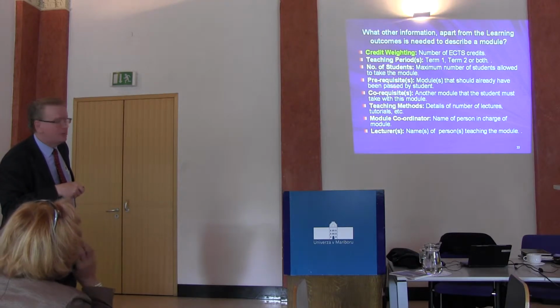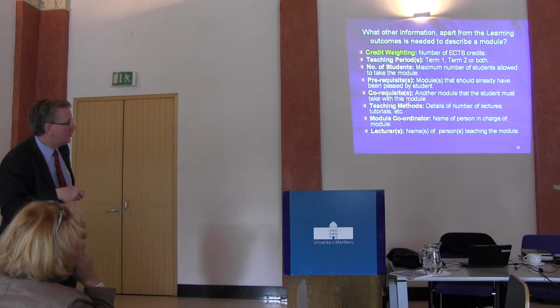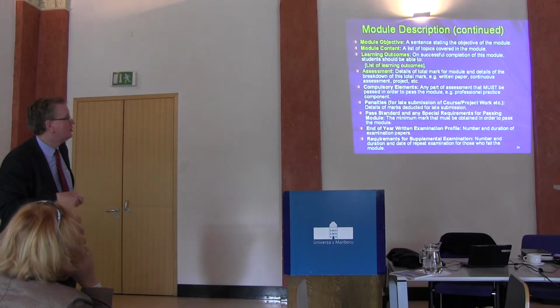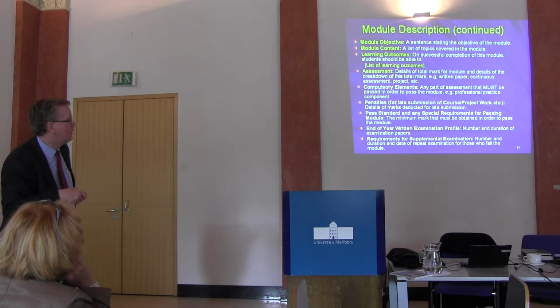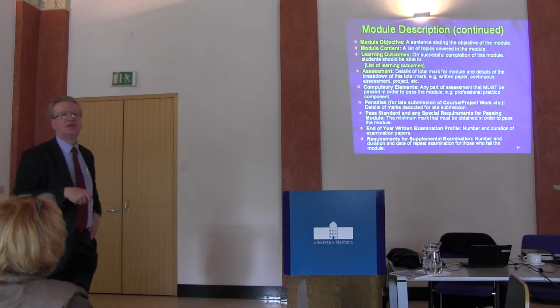Do they have to do other modules before they're allowed to take that one? How many lectures and tutorials will they get? Who is in charge, who will be teaching the module? So that's all the information: the list of learning outcomes, how it's going to be assessed, and so on.